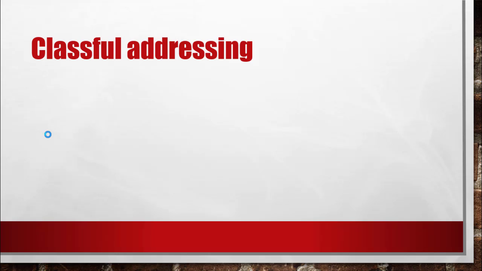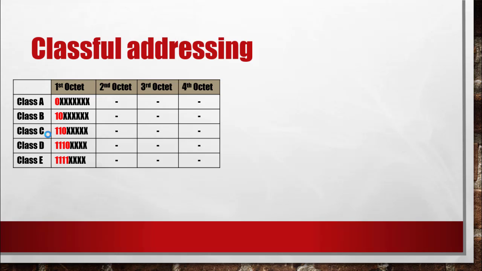Now we'll use a table and see how these classes are defined in dotted decimal and binary representations. The first table tells you the binary notation. What I have given in red tells me that if the first value is 0, then it belongs to class A, and the rest can be any zeros and ones; the second and third octets can be anything.